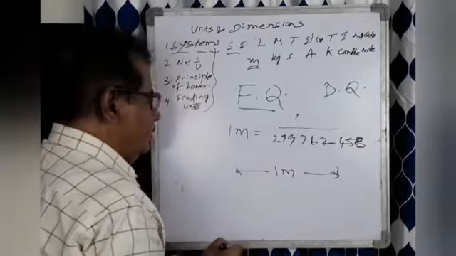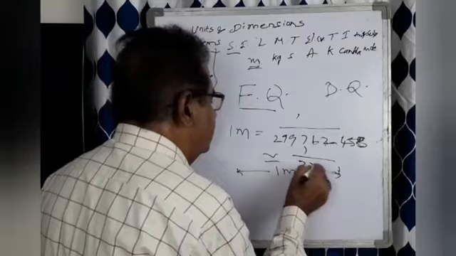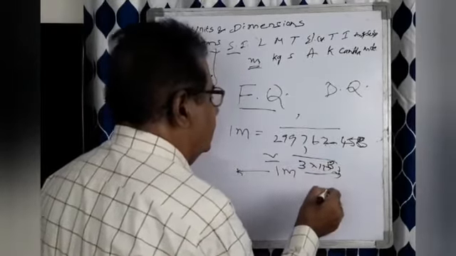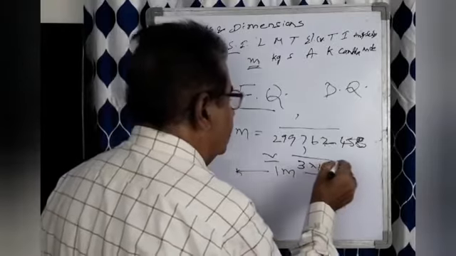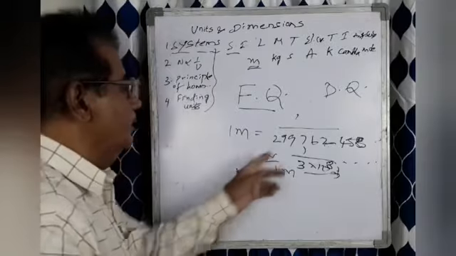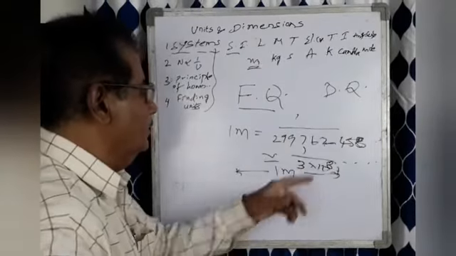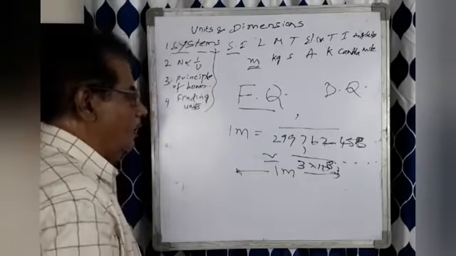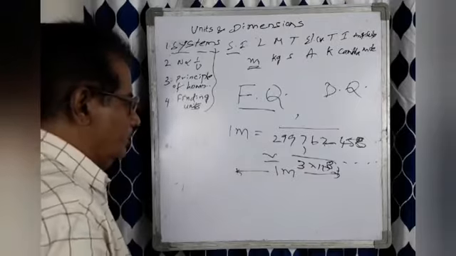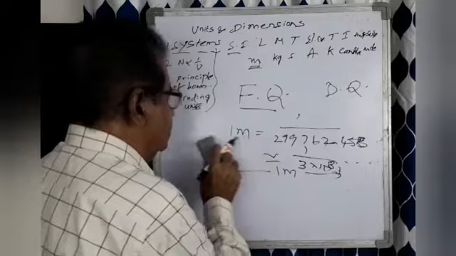That means it is nearly 1 by 3 into 10 to the power of 8 of the distance travelled by light in vacuum. This is actually 2.99 into 10 power 8. The round figure is 3 into 10 power 8 of the distance travelled by light in vacuum in 1 second. That is the accurate definition given to meter in the SI system.